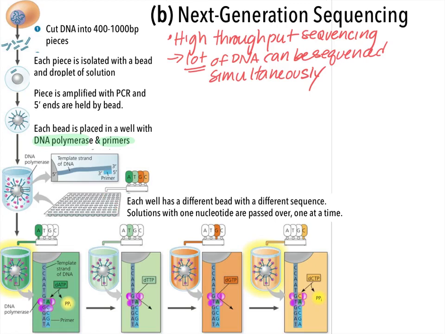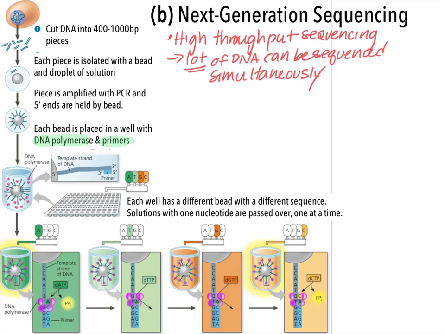What you're going to do next is, to all the wells at the same time, we're going to add only one dNTP. So let's say the first dNTP that's going to be added is the nucleotide containing the adenine base. All the wells are going to get that at the same time, just that one nucleotide.